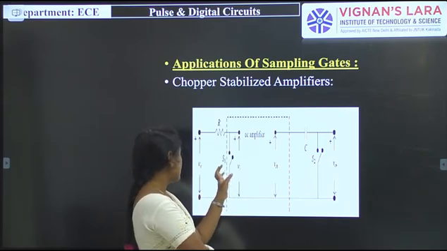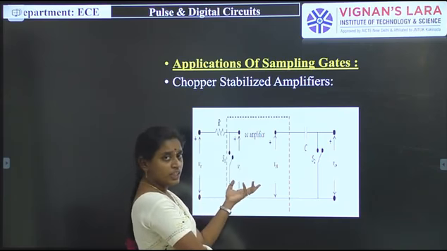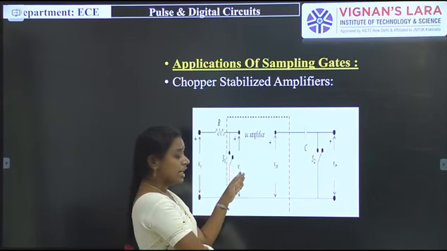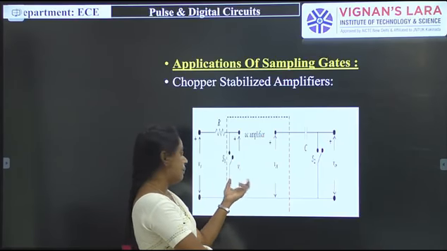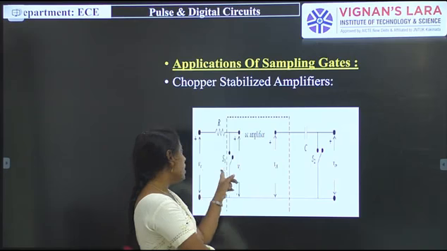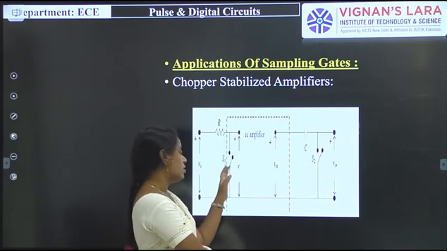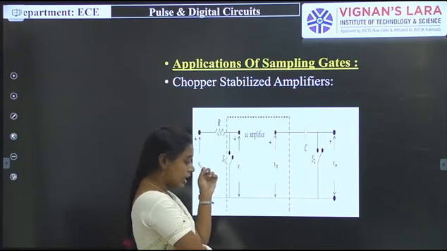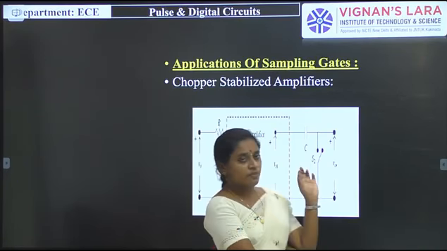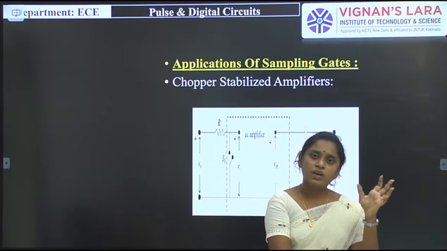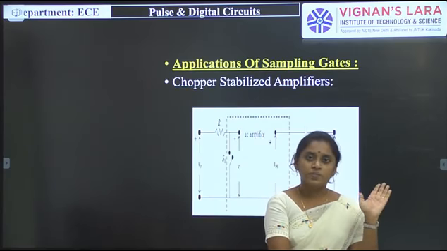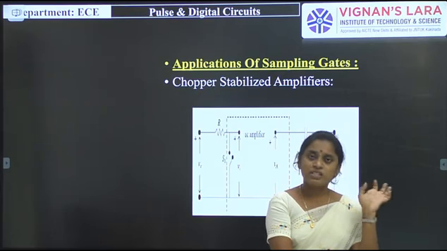So at this time V input is equal to Vin, and in that condition we give the AC input signal to the AC amplifier. Whenever the switch is closed, the input signal will be 0. Whatever input signal we give will be grounded. That is the major thing about this condition.